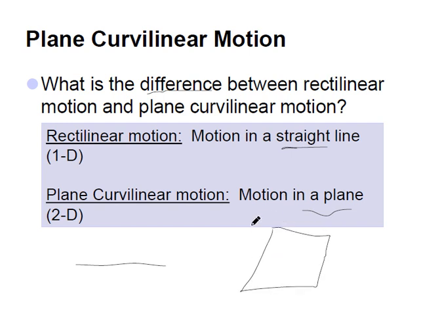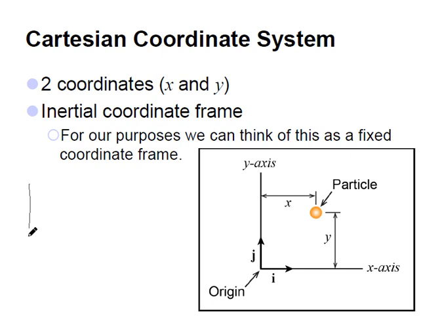A plane can be identified with your two axes. A straight line can be identified with your one coordinate axis. At least that much you have to know. So we talk about the plane, and we're studying the motion in two coordinate axes, x and y. I'm just going to write it down like this.